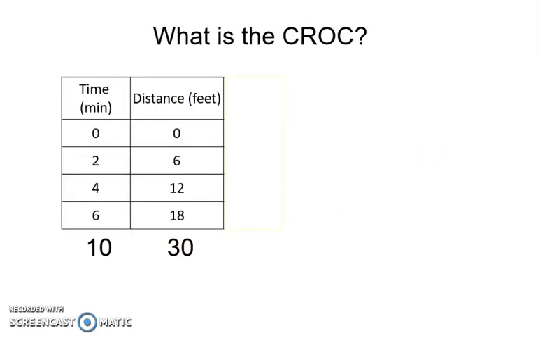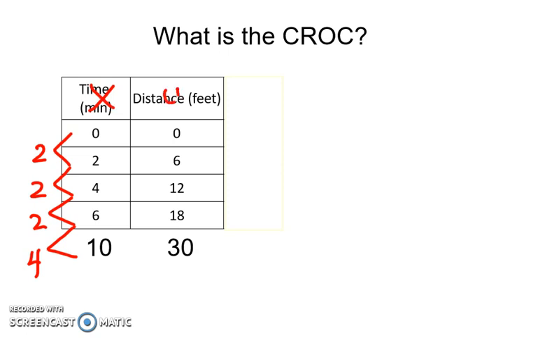If we're looking for the constant rate of change with this first example, we're going to find the difference between these numbers. Well, we're adding 2 to get here. So what I'm doing is saying 0 plus 2 equals 2. 2 plus 2 equals 4. 4 plus 2 equals 6. And 6 plus 4 equals 10.